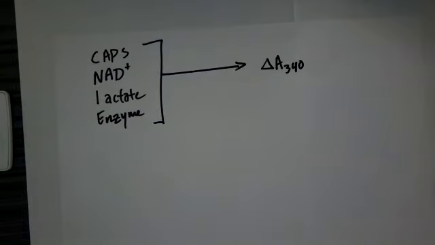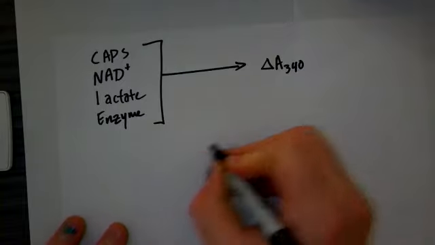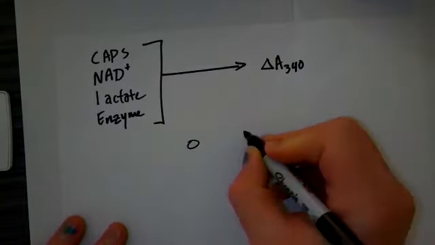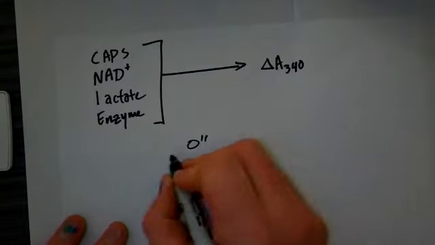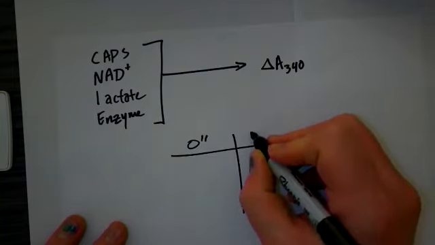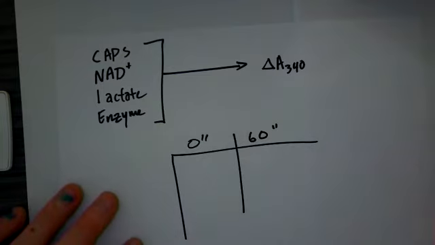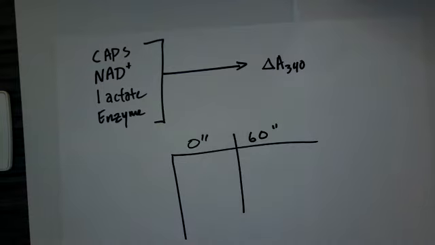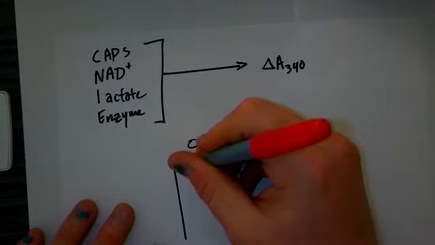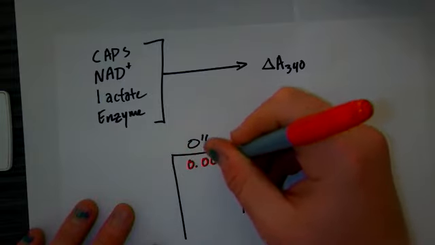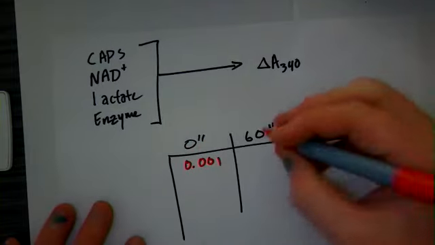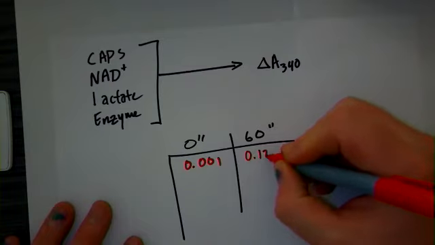Now, that change in absorbance at 340 nanometers, let's say we have a 0 time point and a 60-second time point, where you have observed your absorbance go from 0.001 to 0.126.